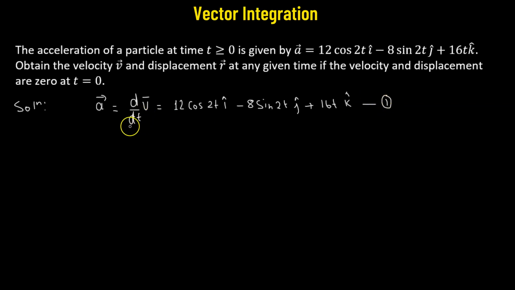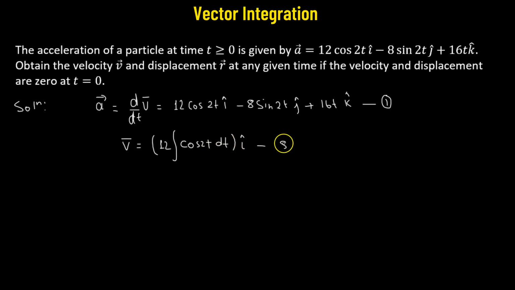In order to obtain the velocity, we'll integrate both sides with respect to the time t. So integration of dv/dt with respect to time is going to give us the velocity vector. Now we'll take the integration of the components of the vector on the right hand side. So we have 12 times integration of cosine 2t dt, which is going to be our x component, and we multiply it to i cap.